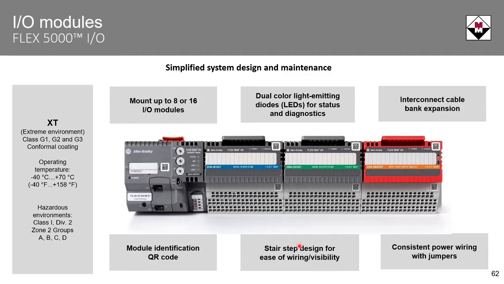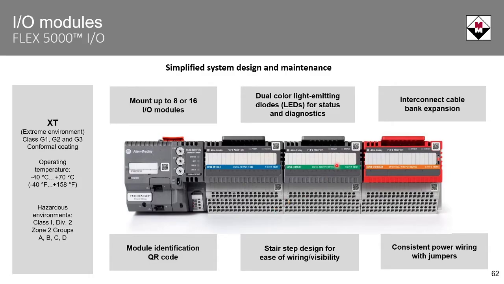There is also an XT version of the Flex 5000 family, which basically gives you a conformal coating on the modules, and they're supported in class G1, G2, and G3 environments. There's a QR code on all modules, which gives you module identification. It's kind of nice for those removable terminal blocks when you can't see the part number because it's either on the side or behind or on the back of the terminals.